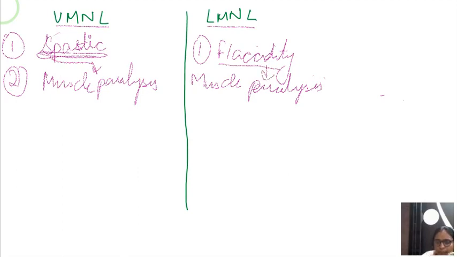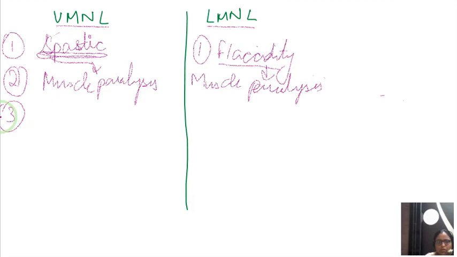But in the upper motor neuron lesion the patient presents with spastic paralysis, and in the lower motor neuron lesion, flaccid paralysis. It means weakness would be there of the muscles in both cases.